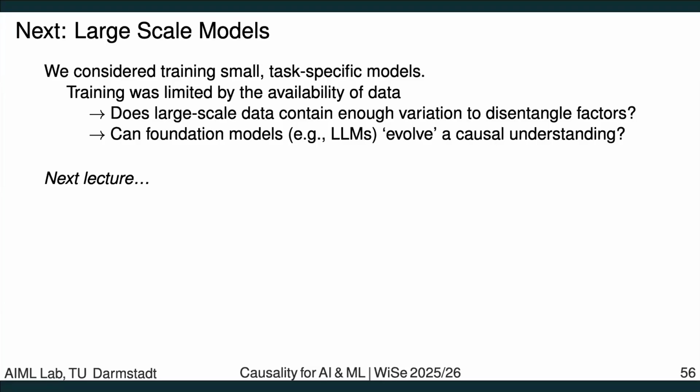But the other idea that we discussed at the very beginning was, maybe I can have prior knowledge. Maybe I have large scale models that are already trained. Maybe training large language models, putting all of the internet into my model, gives enough variation and makes the data diverse enough to have LLMs develop an understanding of causality.